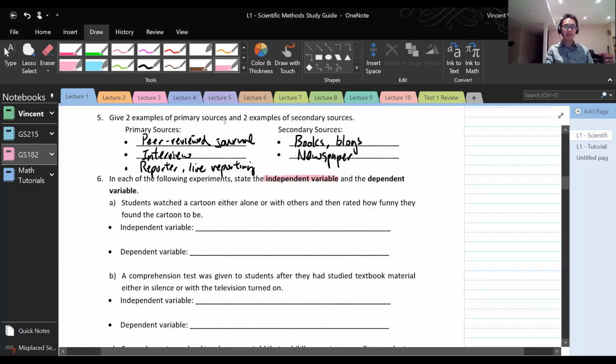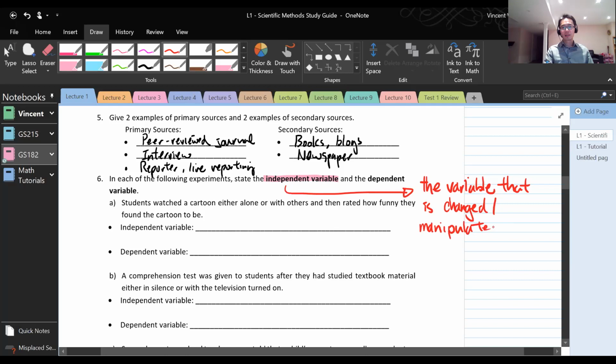Okay, so independent variable. When you do an experiment, the independent variable is the variable that is changed or manipulated by the researcher on purpose.